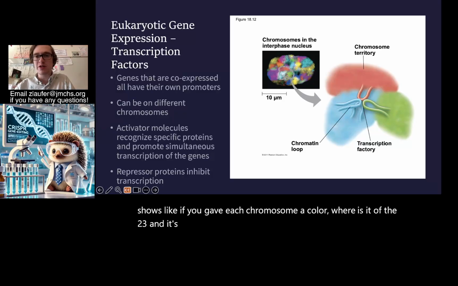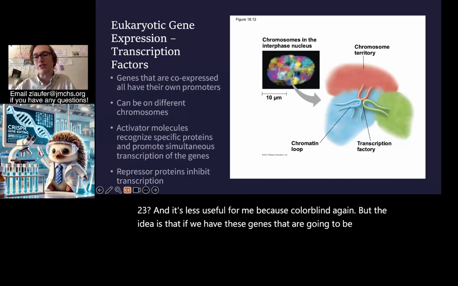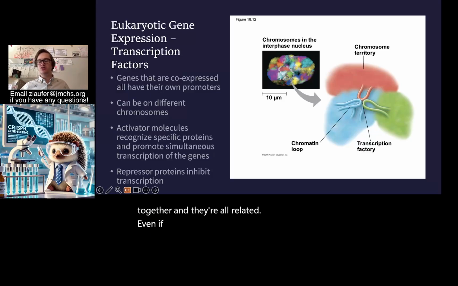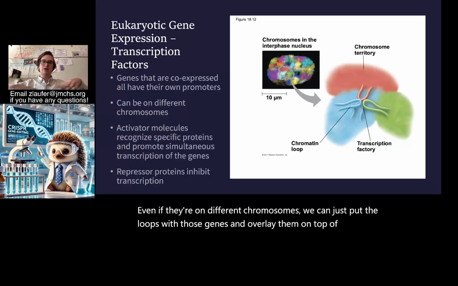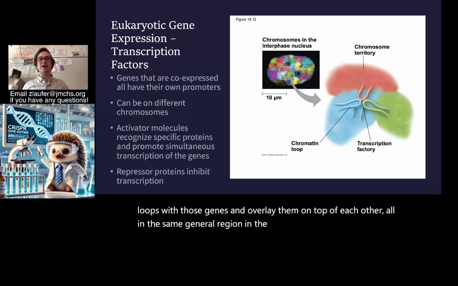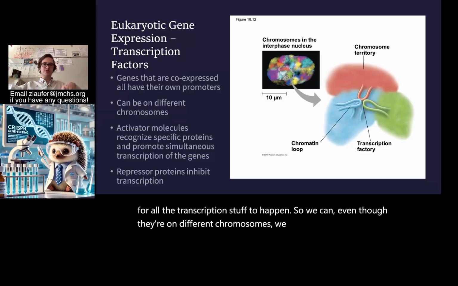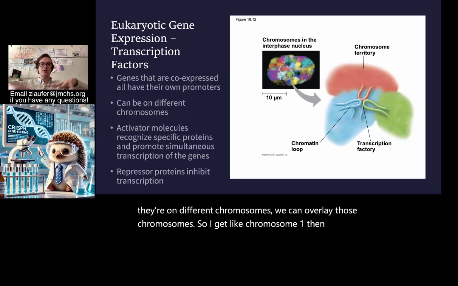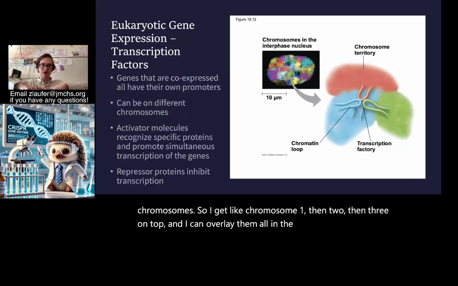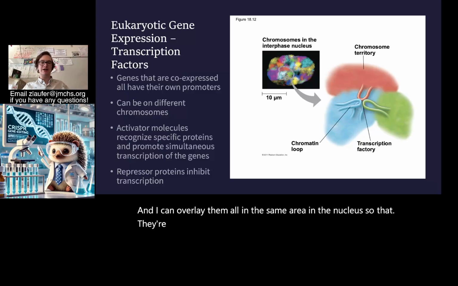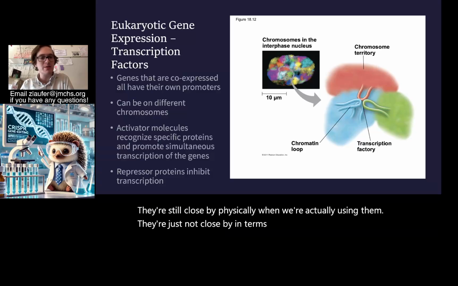It's less useful for me because I'm colorblind, but the idea is that if we have genes that are going to be expressed together and they're all related, even if they're on different chromosomes, we can put the loops with those genes and overlay them on top of each other, all in the same general region in the nucleus, and that makes it easier for all the transcription stuff to happen. So even though they're on different chromosomes, we can overlay those chromosomes. So I get chromosome 1, then 2, then 3 on top, and I can overlay them all in the same area in the nucleus so that they're still close by physically when we're actually using them. They're just not close by in terms of being on the same chromosome.